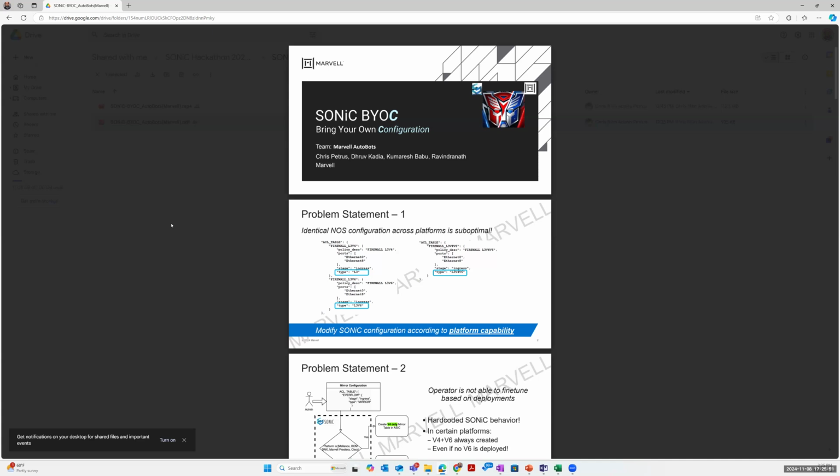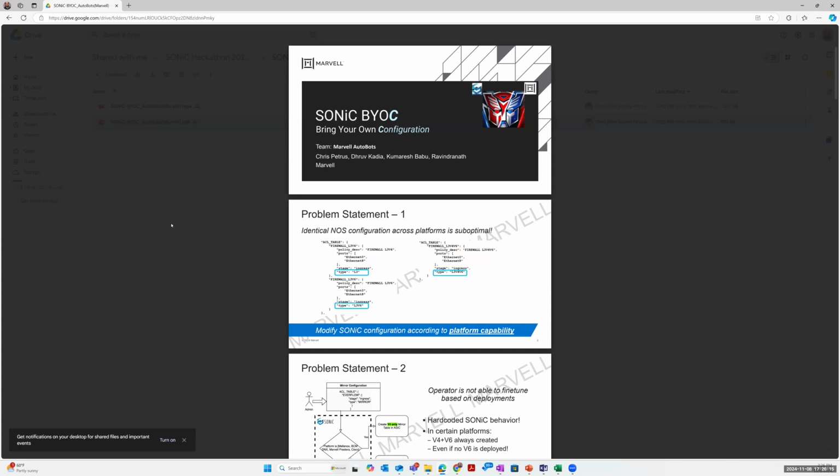But the whole idea is that the user can have a single configuration syntax and that will work across platforms. I think what many people don't realize is, if I have a single SONiC configuration and devices from two different vendors, it might not always be optimal to use the same configuration on both devices.